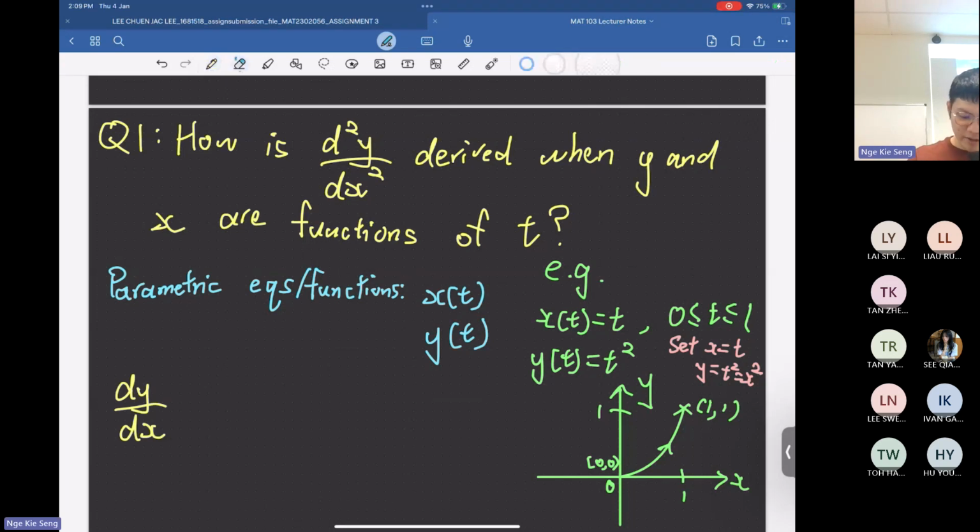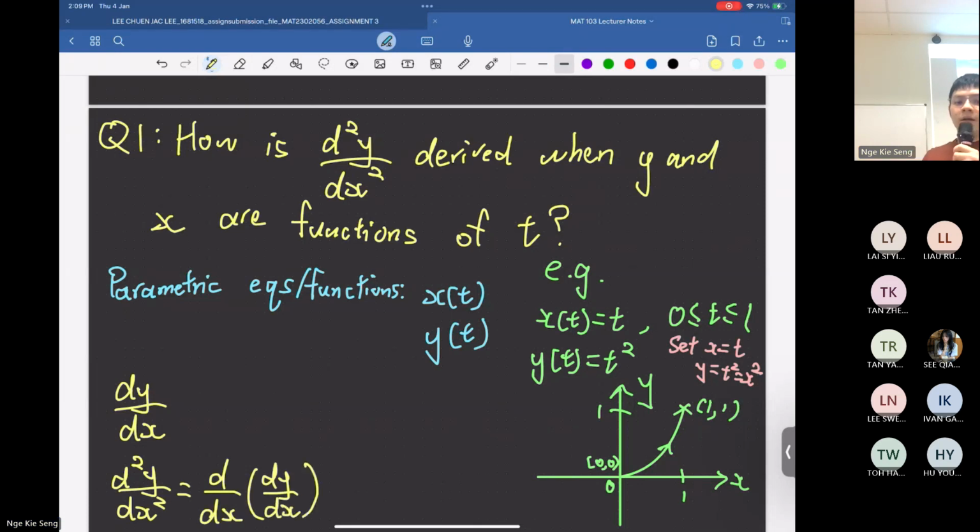Because d²y/dx² is just differentiate dy/dx with respect to x again. So first we need to get dy/dx. How to get dy/dx? What do you use? Sorry, dy/dt over dx/dt, right? So you use chain rule, right?